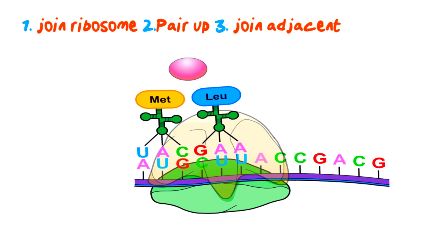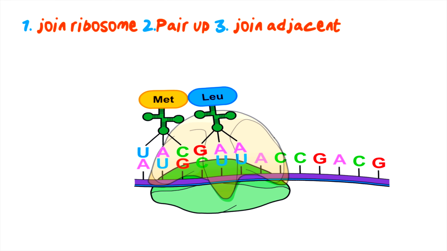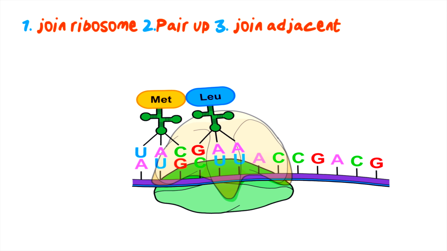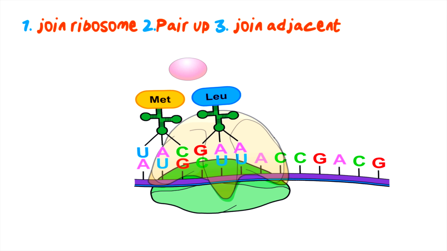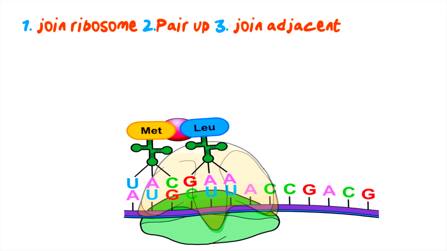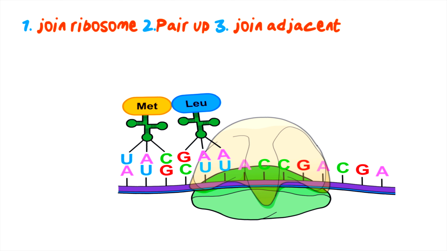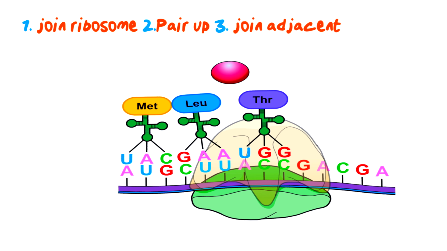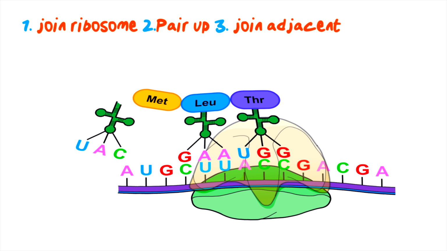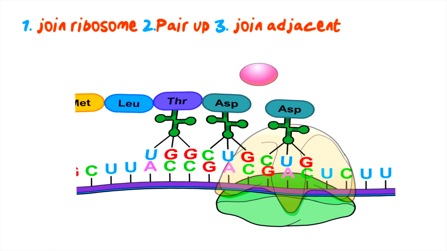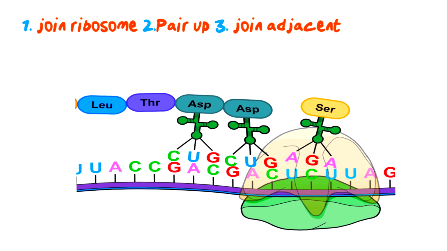Then we get the second amino acid, as you can see here, and we join the first and second amino acids together by means of what we call a peptide bond. So that's the first peptide bond. Then we pair up another codon on the messenger with another anticodon on the transfer RNA, and we make more and more peptide bonds until we get near the end of the messenger.